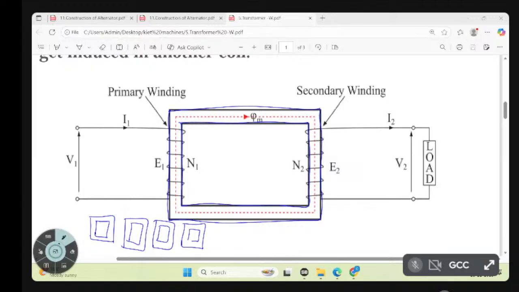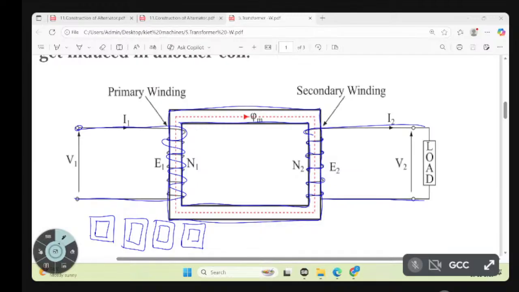This is copper wire. No. Then how did we get I2? That is depending upon the principle, we got this I2 and E2.